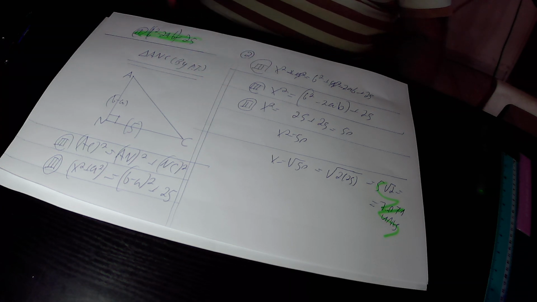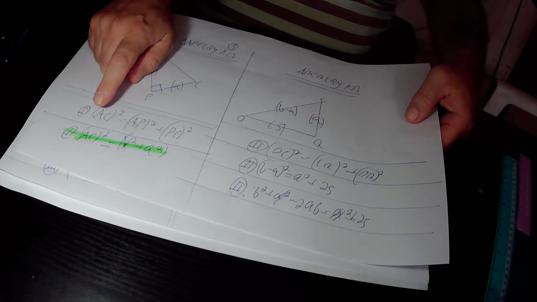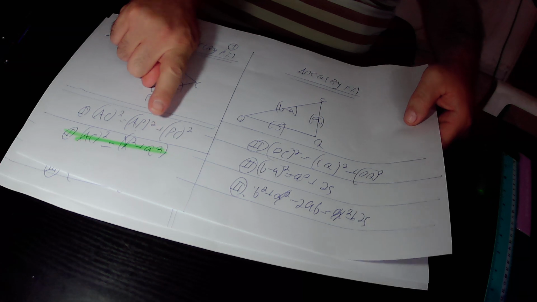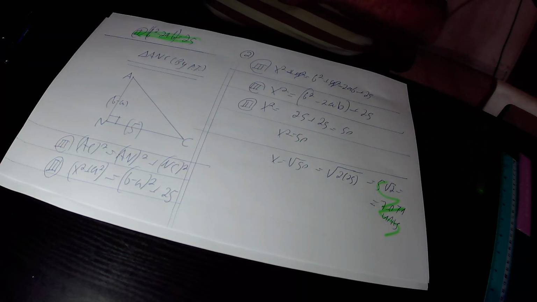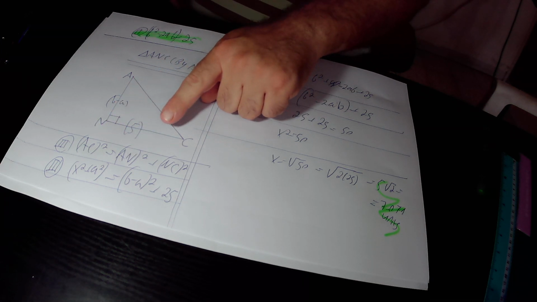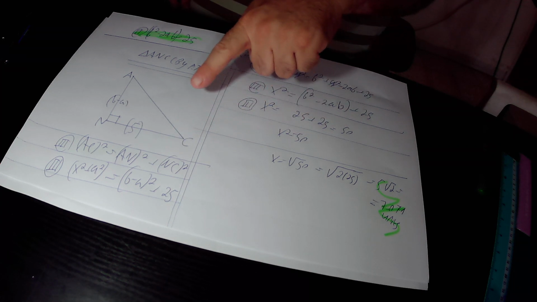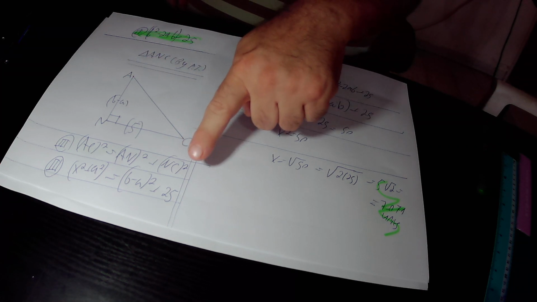According to equation 1, AC square equals X square plus A square. Therefore, we substitute AC square by X square plus A square, and it equals AN square. AN is B minus A, therefore AN square is B minus A squared, plus NC square. NC is 5, therefore NC square is 5 square, that is 25.